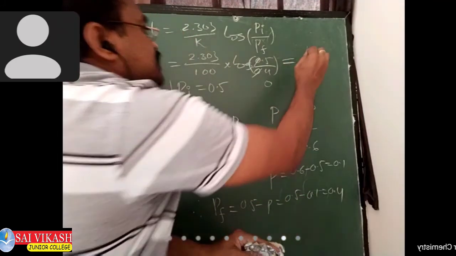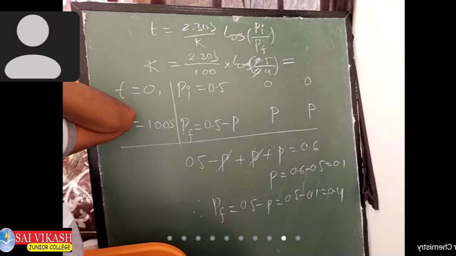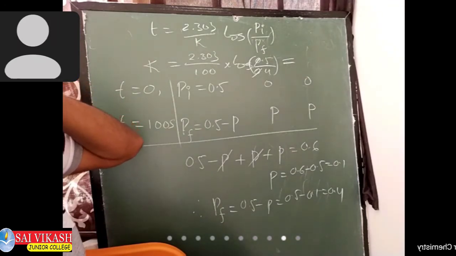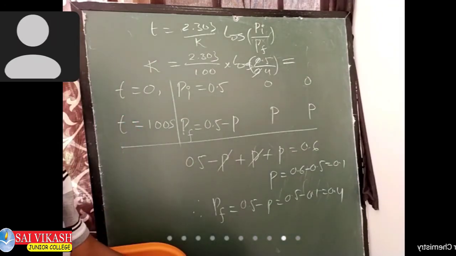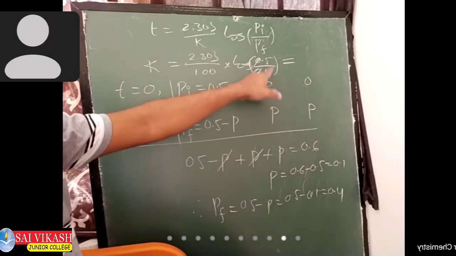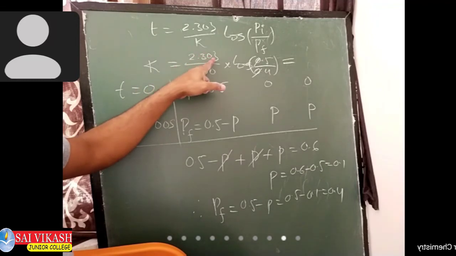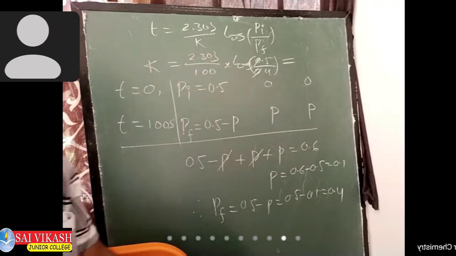Quickly tell me the answer. Log 5 by 4 into 2.303 by 100. This is K. Hurry up, tell me.